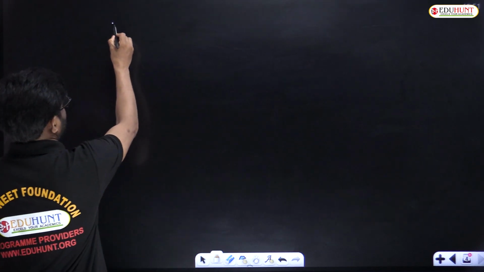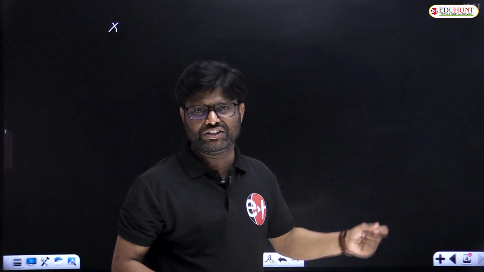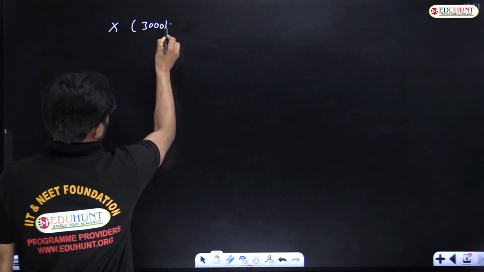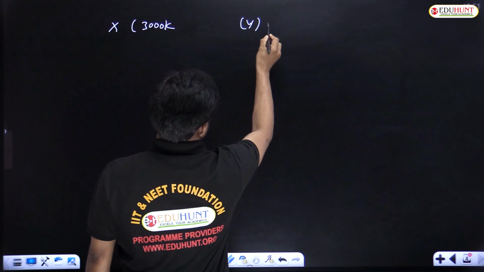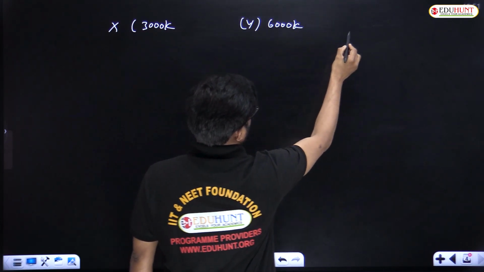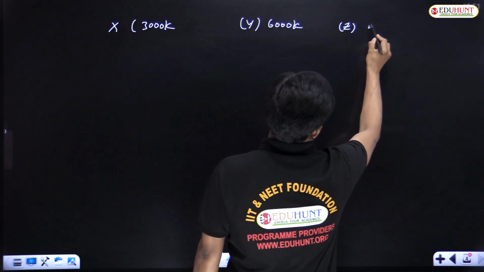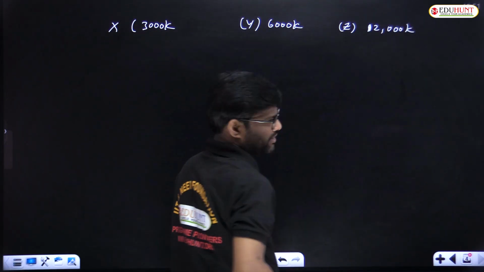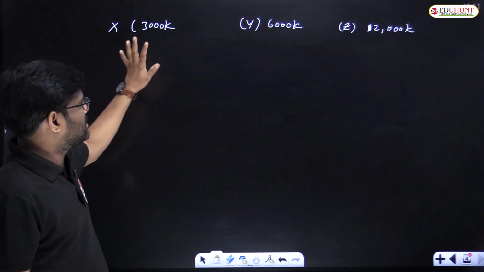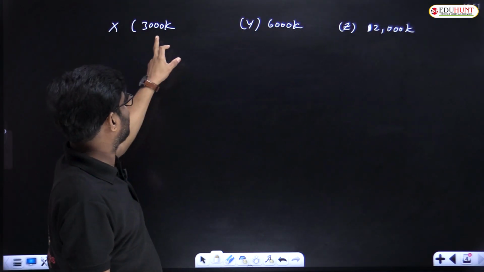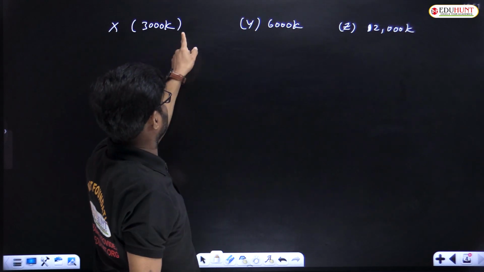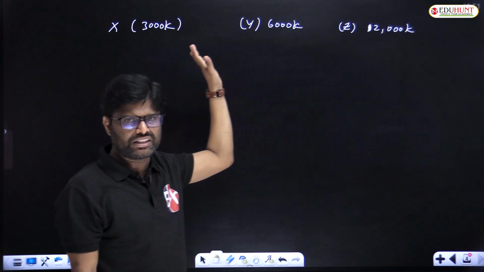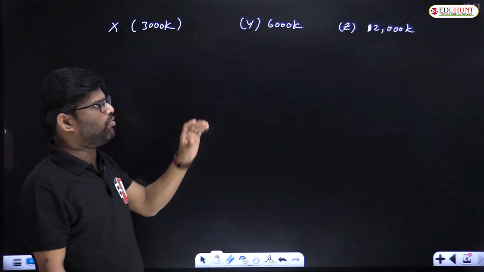X is the black body temperature, 3000 kelvins I am taking, Y is 6000 kelvins, and Z is 12,000 kelvins. These are the three ideal bodies.